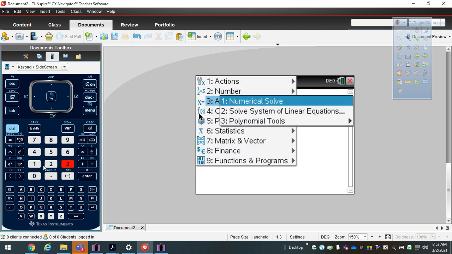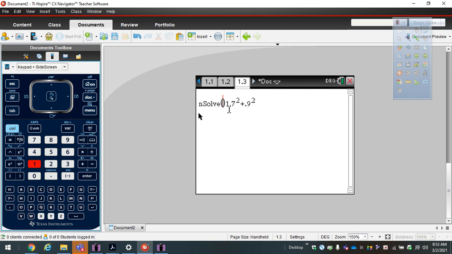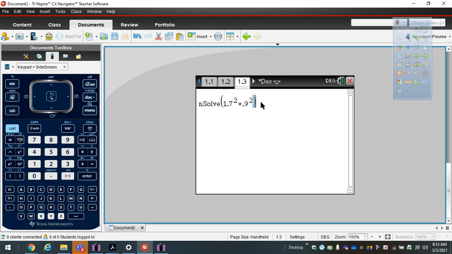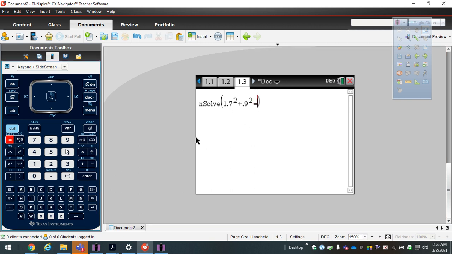Menu 3, 1. Equals, what do you want? C squared? C squared, and then we're going to put comma c. A squared plus b squared equals c squared. Yeah, there it is. So about 1.92.